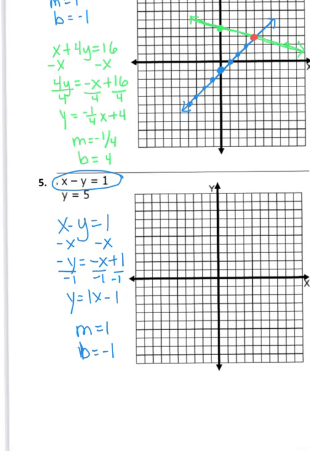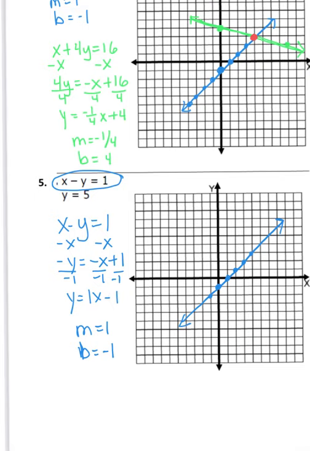Now, I'll go ahead and plot that one. My y-intercept is negative 1, which is right here. And then my slope is a positive 1, so up 1 over 1, up 1 over 1, up 1 over 1. My line's going to look something like that.